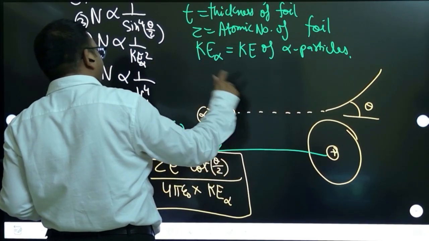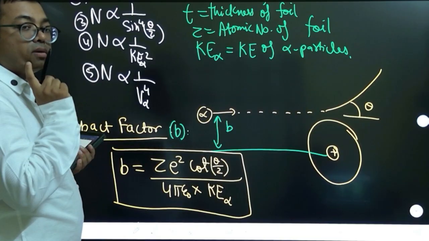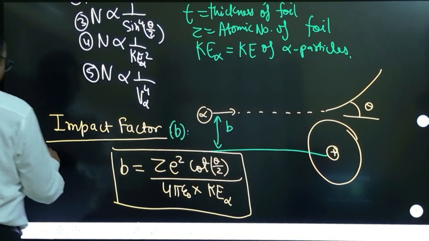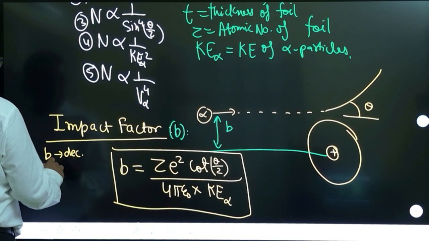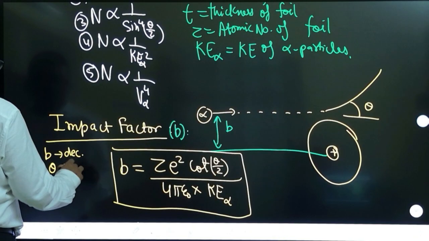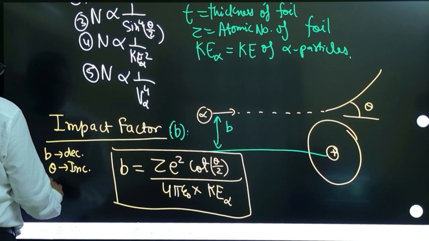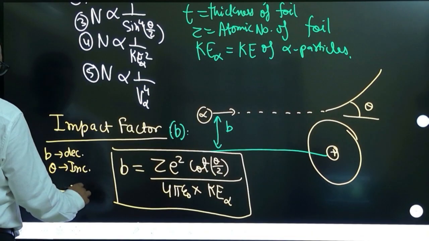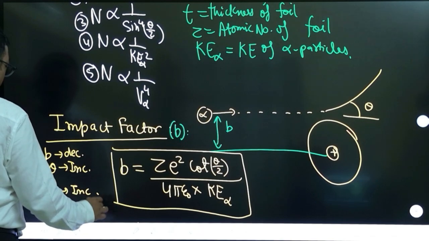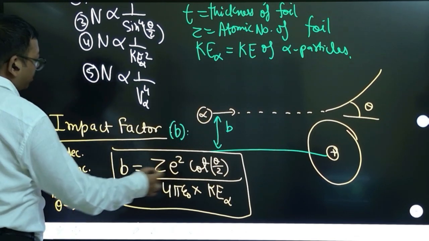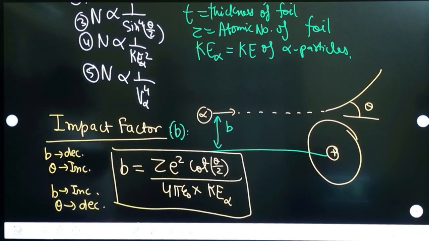If you increase b, theta will be small. That is what it is. B decreases means theta increases, and if b increases, then the scattering angle theta decreases. It is not a direct relationship, but from this relationship we can say that.